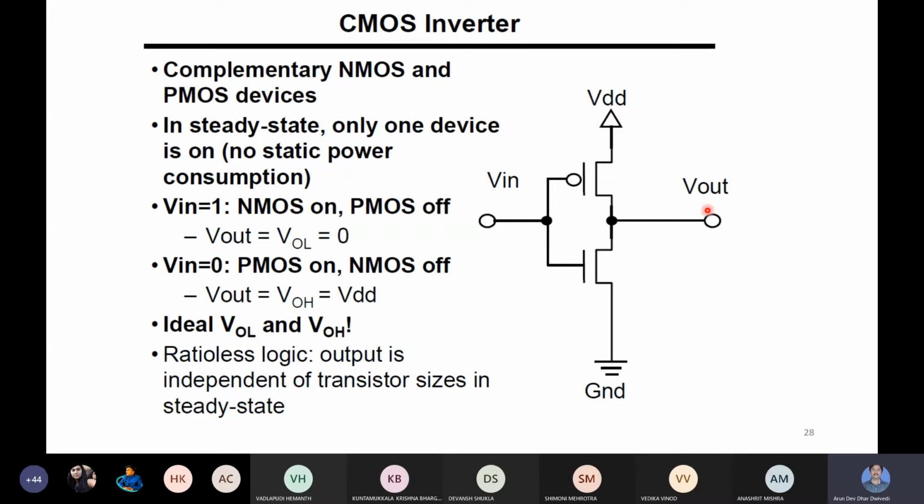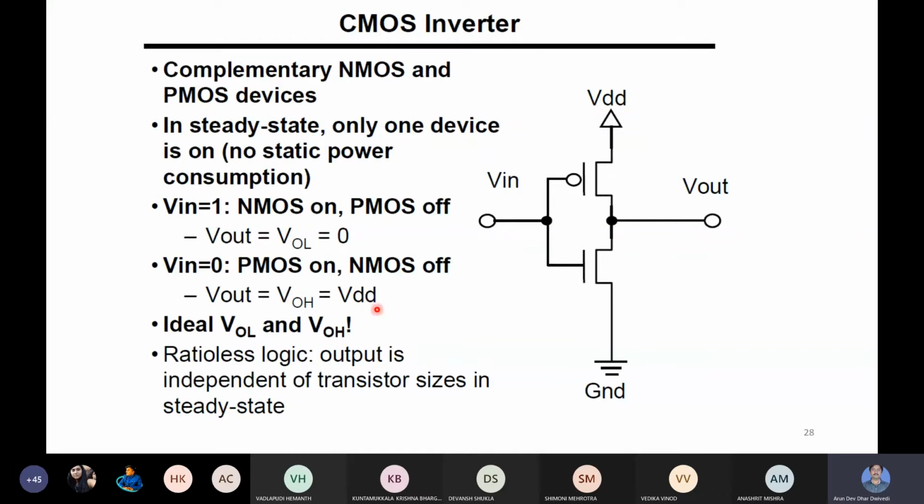So the output is directly connected to VDD, and there is no static power consumption. VDD will directly appear at the output. In this way, Vout is equal to VOH. VOH and VOL we already defined. So VOH is equal to VDD.